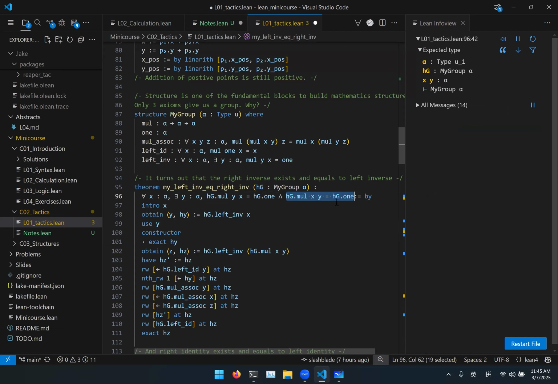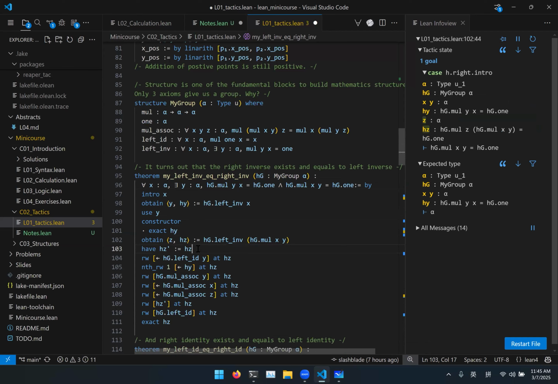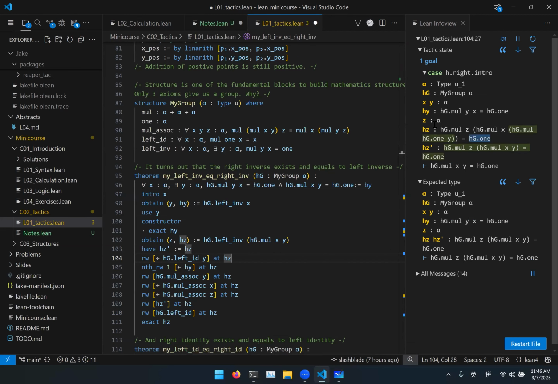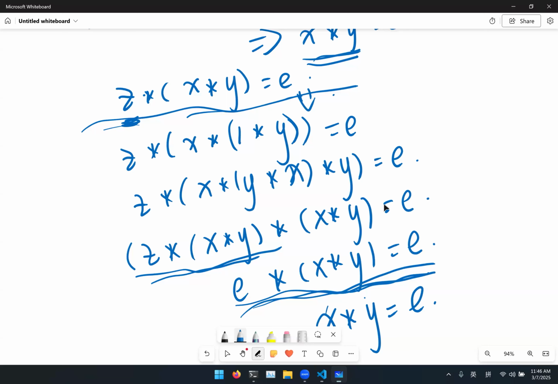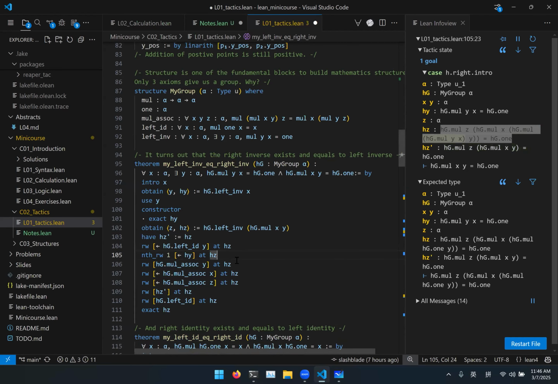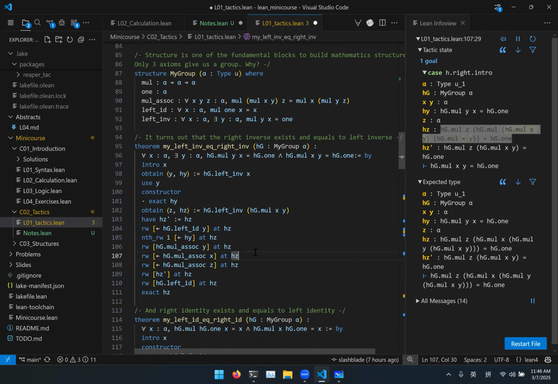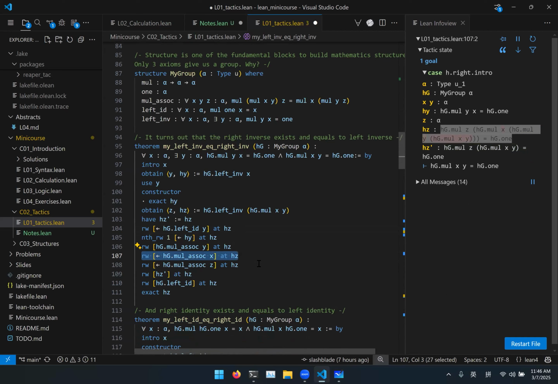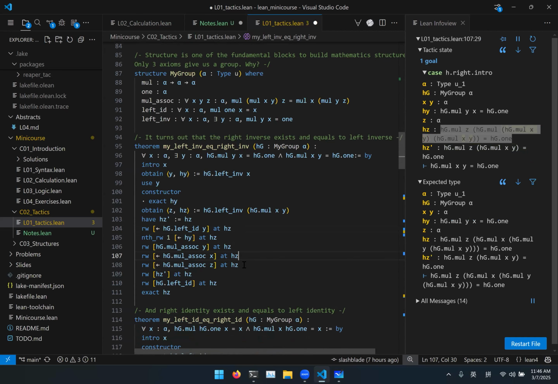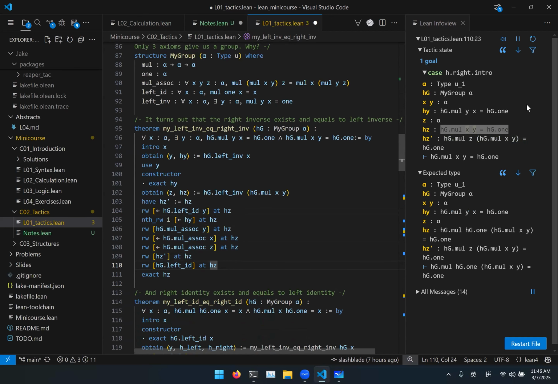The second is the right inverse, which makes sure that left inverse equals right inverse. And we just repeat the procedure, and we will get this statement, just the same as I demonstrated here. And we can keep using the associativity of the multiplication, and finally we will get what we want in Lean.